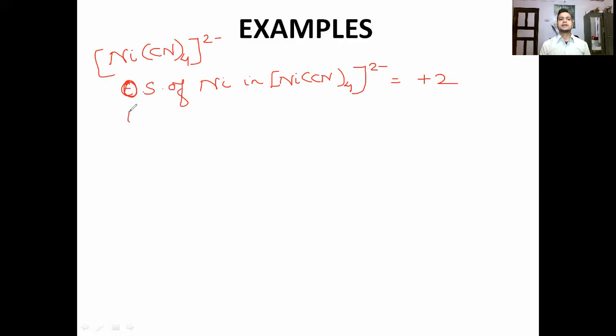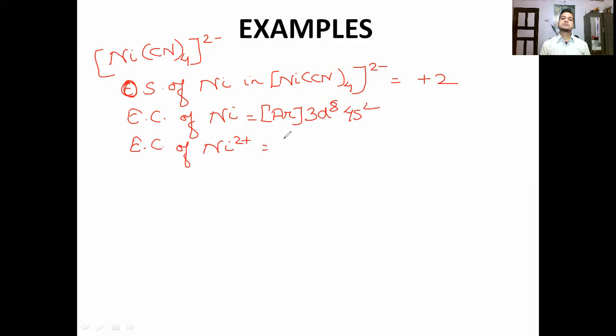Then the electronic configuration of Ni is again the same: argon 3d8 4s2. Now it is in ionic form, so what is the electronic configuration of Ni2+? It will be argon 3d8, as the 2+ means 4s2 will go.